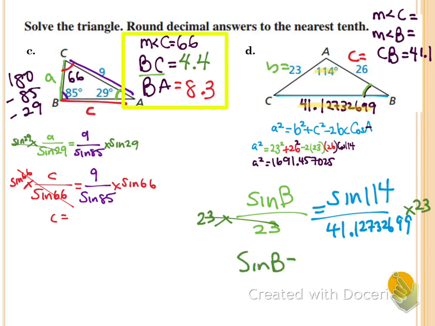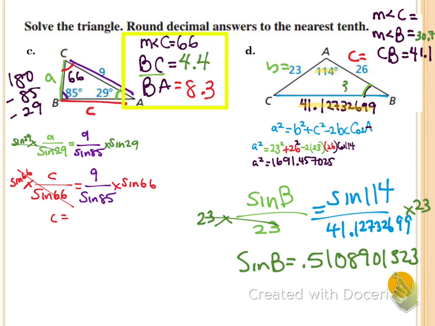Sine of B. Again, you don't have to write this decimal down, but if you want to, shift sine of your previous answer. And the measure of angle B is 30.7.